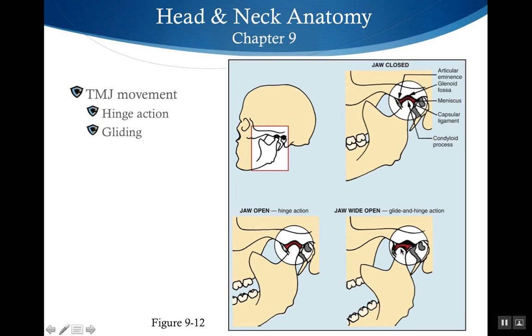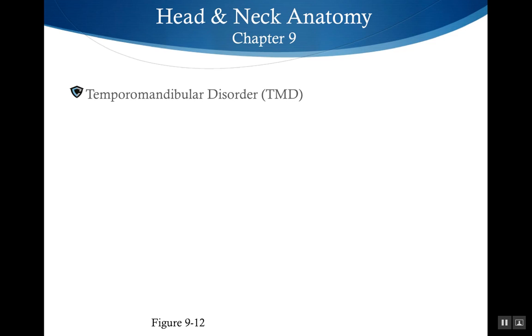As the jaw moves forward, this is known as protrusion. When the jaw goes backward, that's called retrusion, the sliding backward of the jaw. Lateral movement is the side-to-side movement of the jaw.